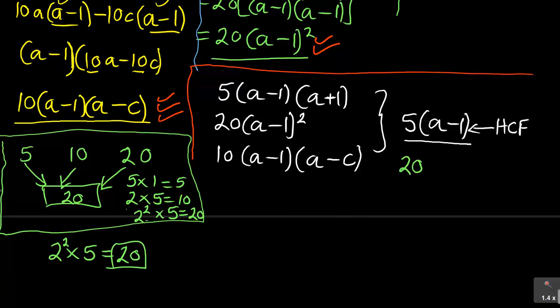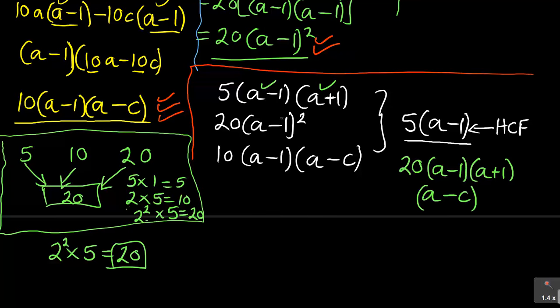Now when you start to look at the brackets, you are going to take each and every bracket that is represented. So you have got a minus 1, and you have got a plus 1, and we have got also a minus 1, it is there, a plus 1, it is there, a minus 1 is there, a minus 1 is there, and then we have got a minus c.